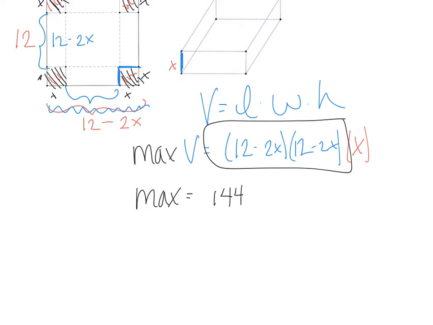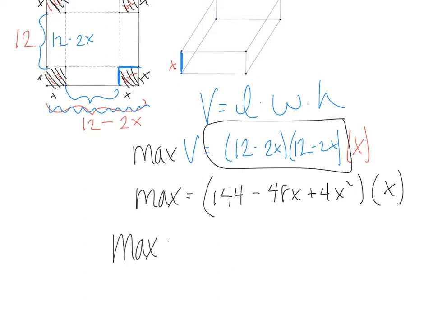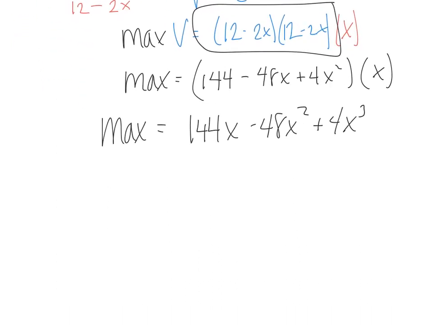So that's 144 minus 24x minus 24x plus 4x squared, and it's all of that times x. So again, I'm still creating a max. 144x minus 48x squared plus 4x cubed. So I've got my function in terms of one variable. I'm going to take its derivative and set it equal to 0.